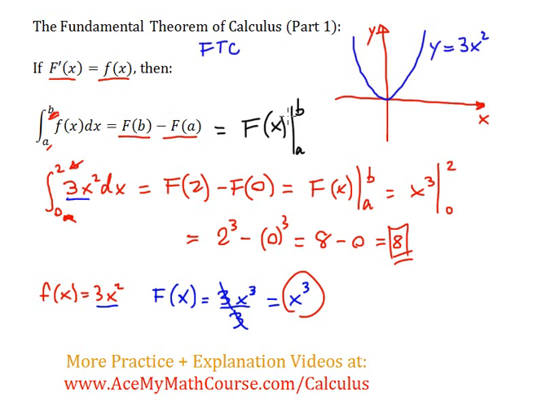So from a to b, from 0 to 2, the area underneath the curve y equals 3x squared and the x-axis, this area that I highlighted in black here, the area of this will be 8. Well, you can see that. 8, there we go. Okay?